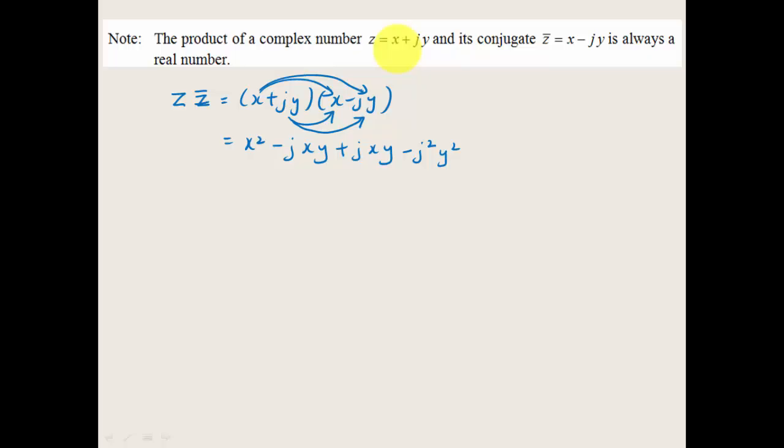Now, you realize that x squared remains, and these two will basically cancel each other out. So I'm left with x squared minus j squared y squared. Again, j squared is negative 1. So let's replace j squared with negative 1.